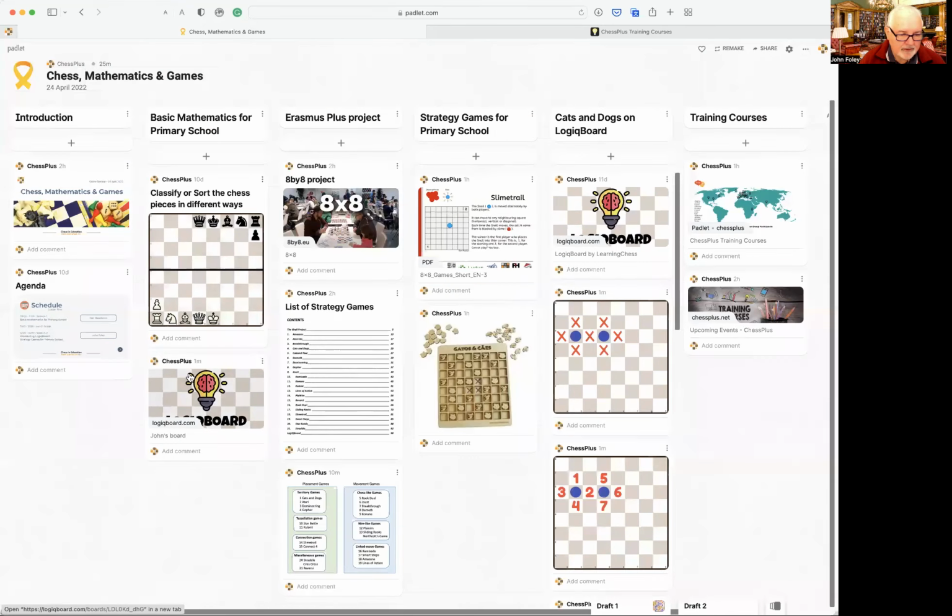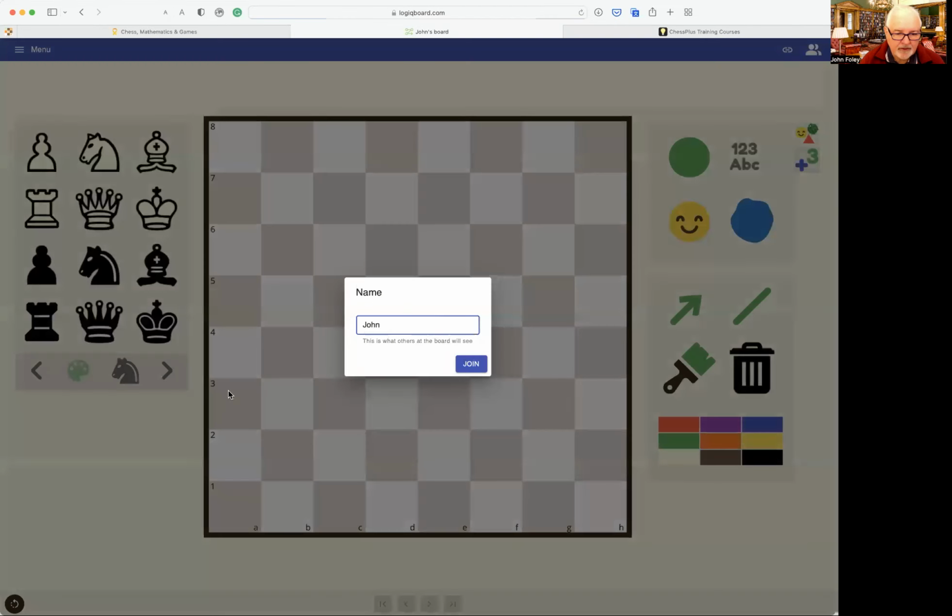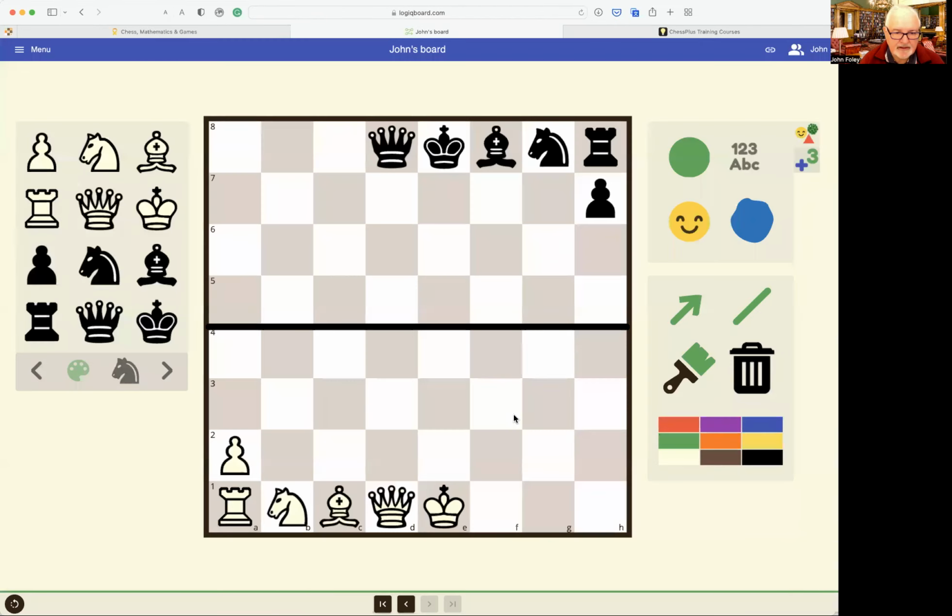And one way you could deal with that when you're joining this is I've now invoked the Logiqboard, and so this comprises this 8x8 board. On the one side, we've got pieces that we can add to the board. On the other side, we've got some symbols that we can add to the board.